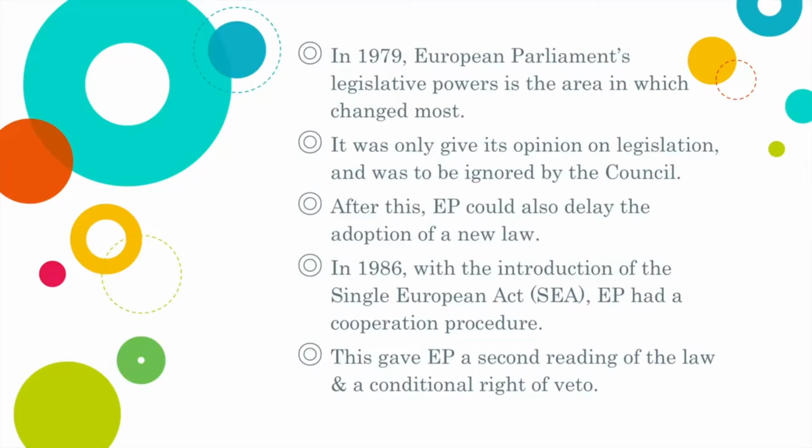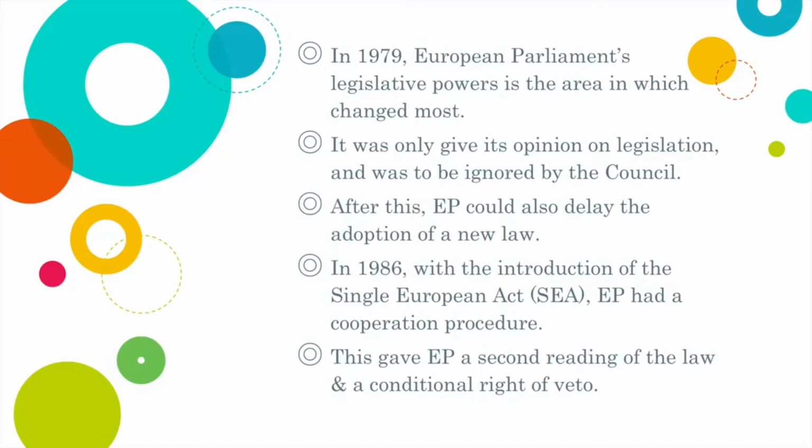In 1986, with the introduction of the Single European Act, the Parliament gained a cooperation procedure. This gave the European Parliament a second reading of the law and a conditional right of veto. This meant that Parliament could reject a law, but the Council could overrule it if all member states were unanimous.